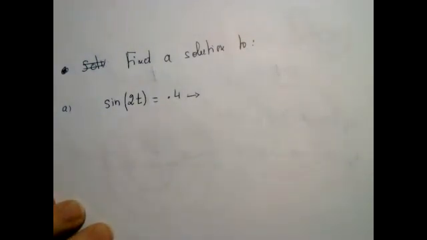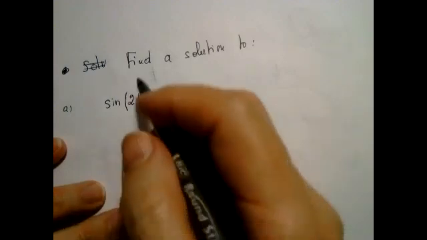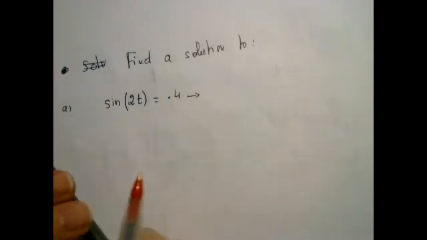You have to isolate the t first. How can I isolate the t? You can first move over the sine and then divide it by 2. How can I move over the sine? By getting the arc sine of 0.4. Absolutely correct. So basically, she wants to isolate the t.